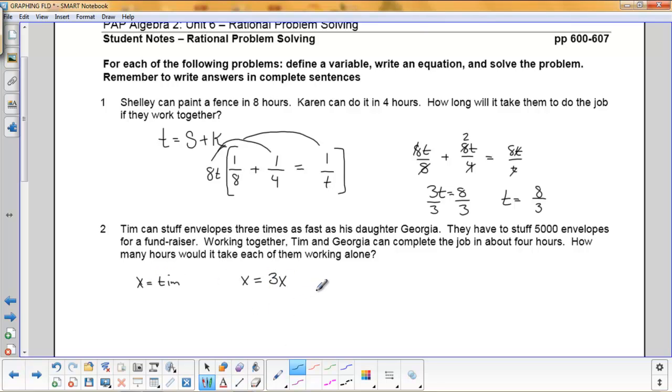And this is how we're going to take a look at this particular problem. They can stuff 5,000 envelopes. If Tim does it, it's at a rate of x. If Georgia does it, it's at a rate of 3x. And we're wondering how many they have to stuff if they want to complete the job in 4 hours.